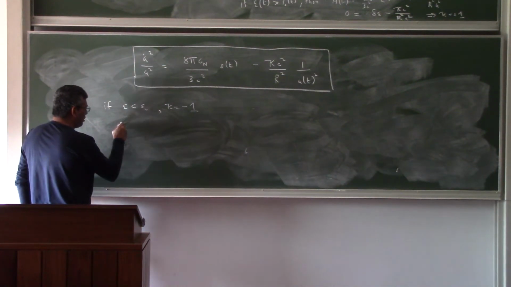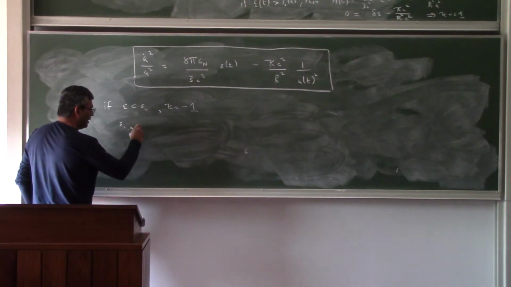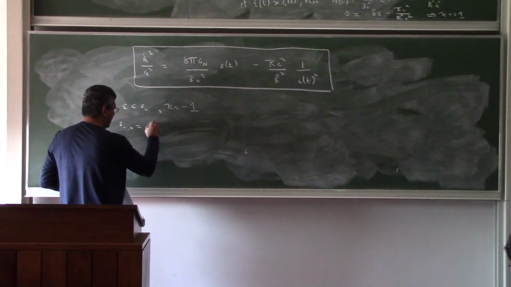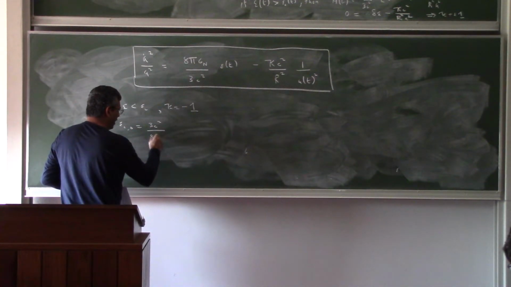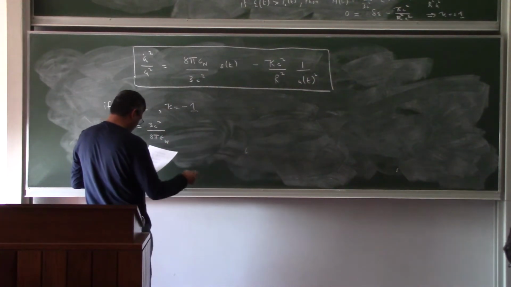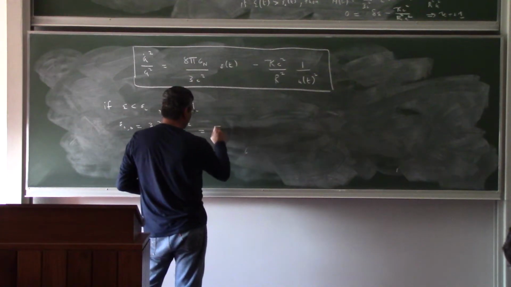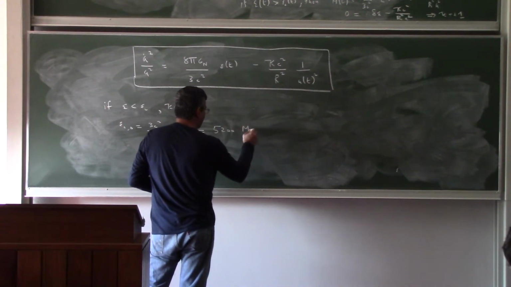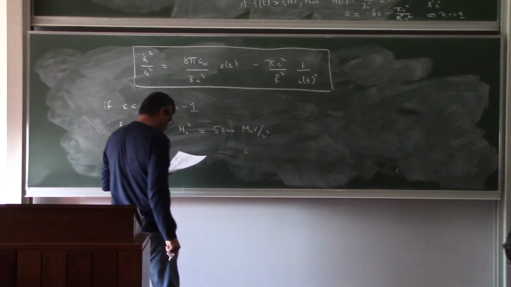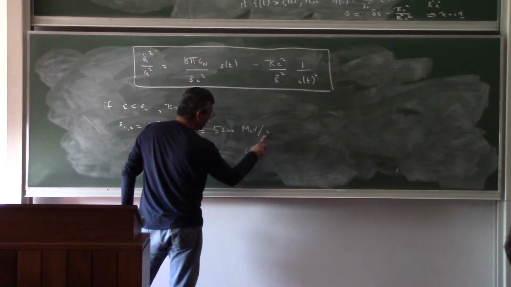So, epsilon critical today is equal to 3 c squared over 8 pi G Newton, H0 squared. And this works out to 5,200 MeV per c squared, per meter cubed, sorry.